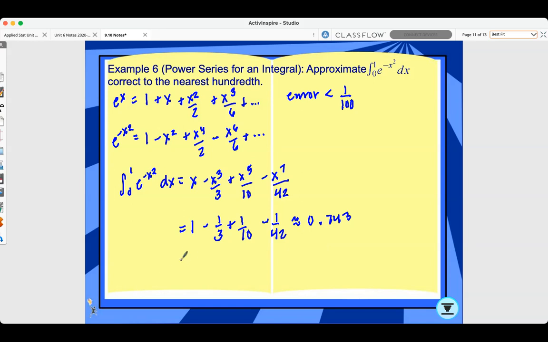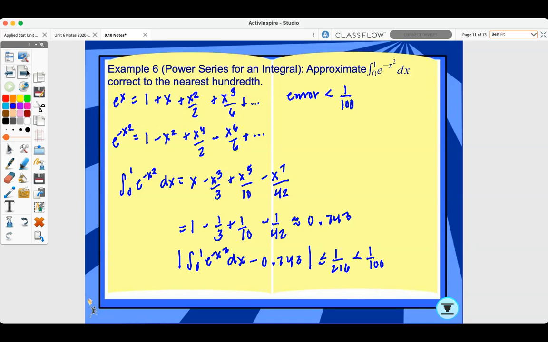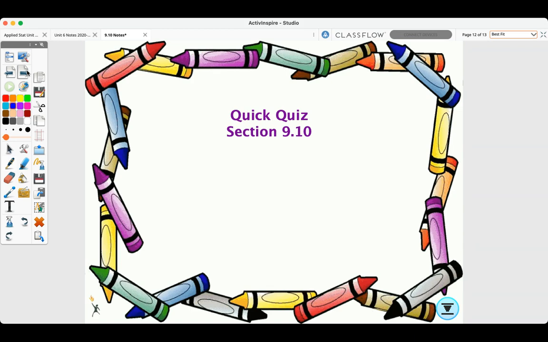So for this, the absolute value of the integral from 0 to 1 of e to the negative x squared dx minus 0.743 is less than or equal to 1 over 216, which is less than 1 over 100. And that's just the notation you are to write it in.